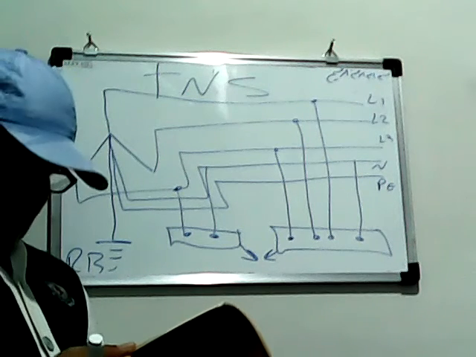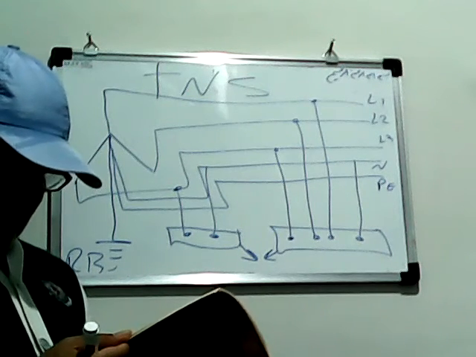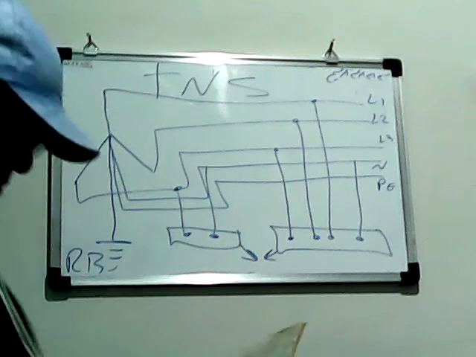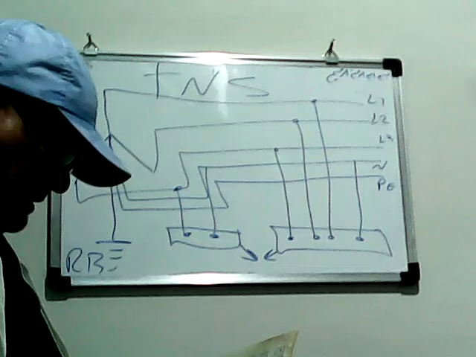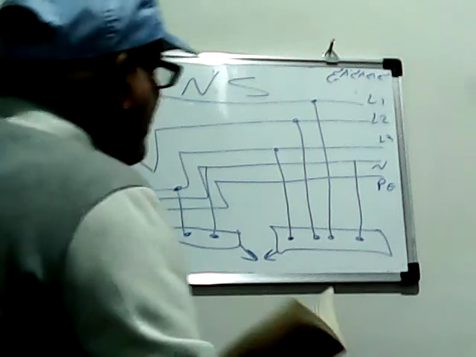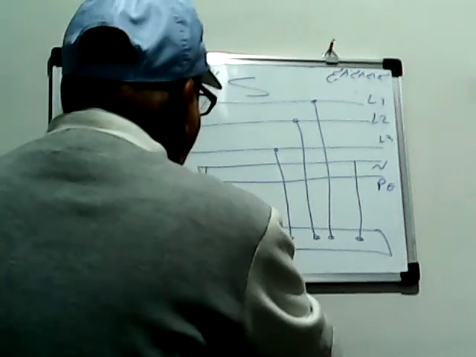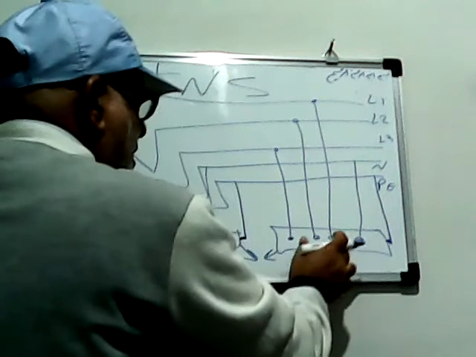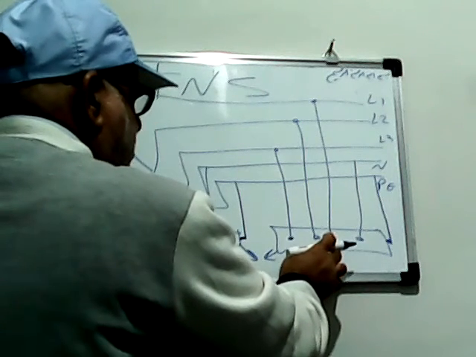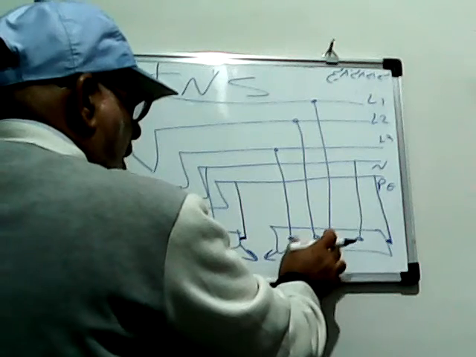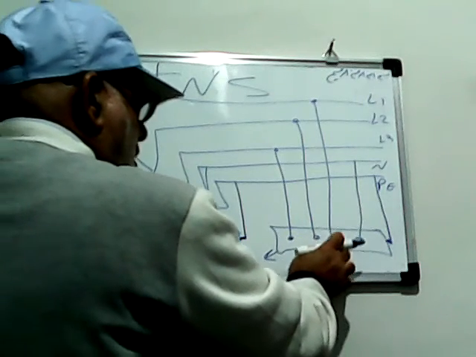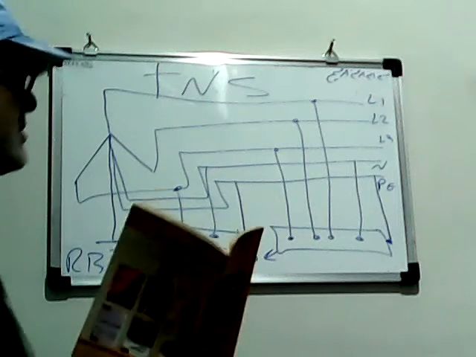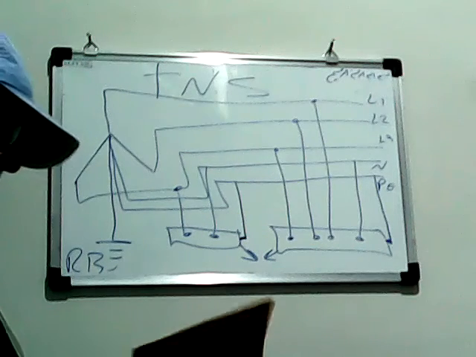TN-S. Over here we have joined all of the metal, such as pipe, rod, metal, and also the body of our devices. That was TN-S.